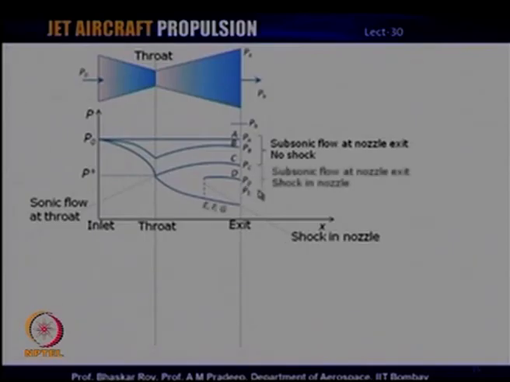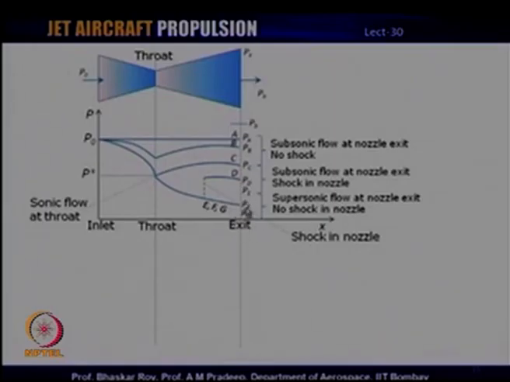So, this occurs till a point where the back pressure is low enough to ensure that there is supersonic flow. That is, we have to continuously decrease. We are now at a back pressure equal to P d. We have to decrease further, even if it is P e, we continue to have a subsonic flow at the nozzle exit, which is not the objective.